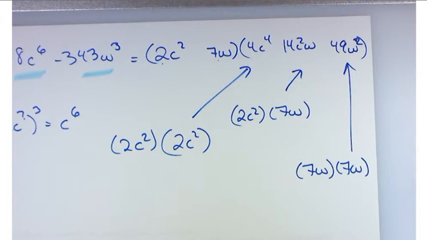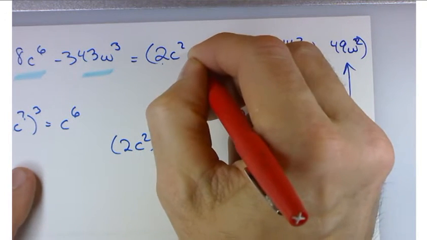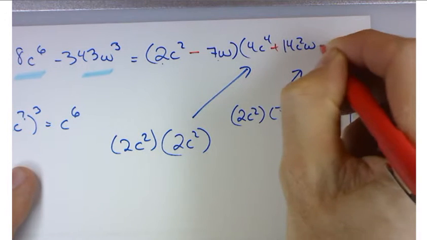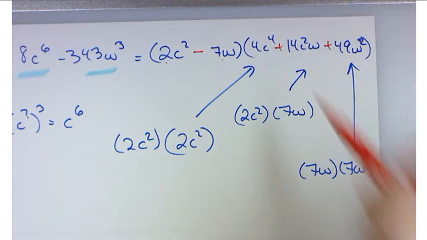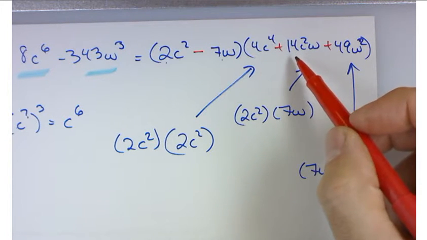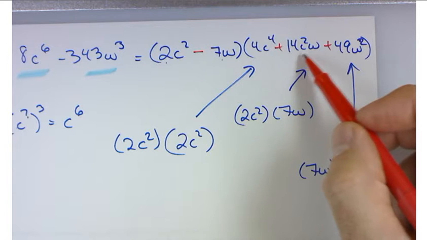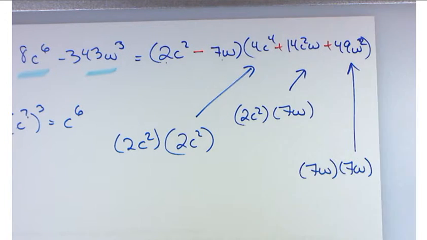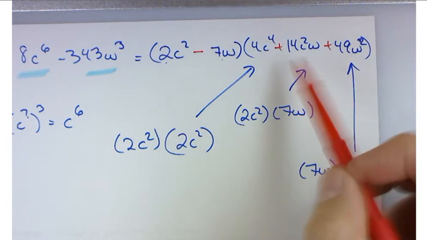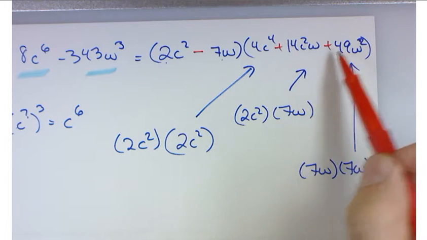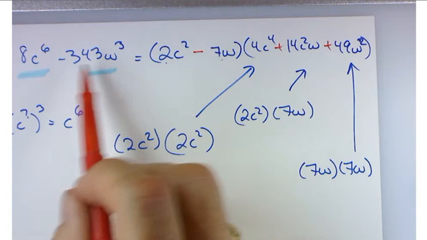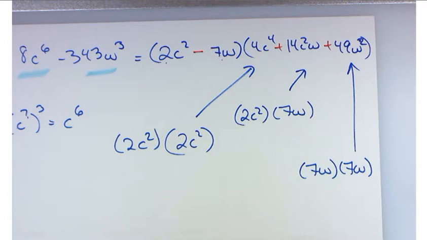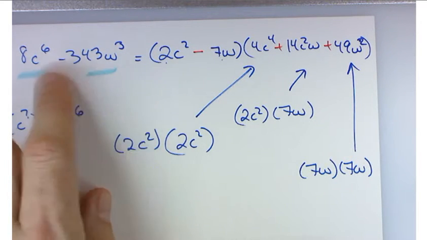And then I think at some point you must have used same sign, opposite sign, always positive. Thank you. So 2c squared minus 7w times 4c to the fourth plus 14c squared w plus 49w squared. Now just a heads up: in your factorization, you shouldn't have any exponents that are bigger than or even equal to these exponents. They should all be smaller, so that when you multiply them together, you get the bigger exponents here.